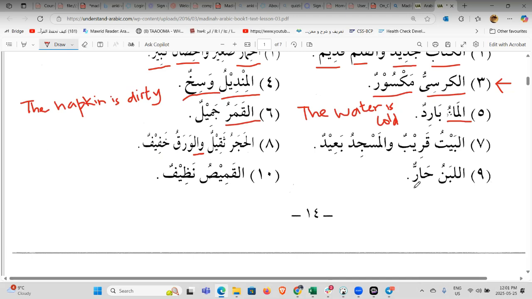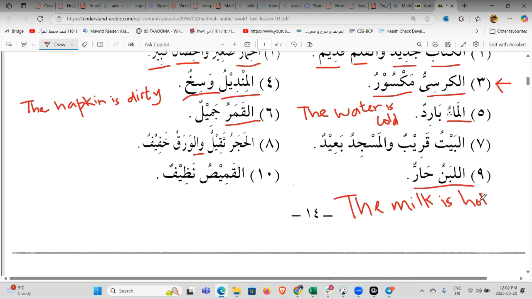اللبن حار. The milk is hot. When you're doing a free translation, you would skip the in English. You just say milk is hot. Oh, actually, that's not right. In this case, it would be the milk is hot.